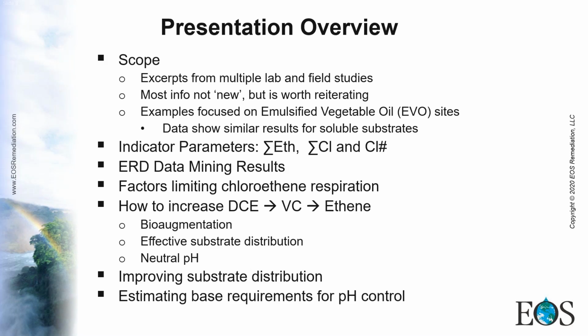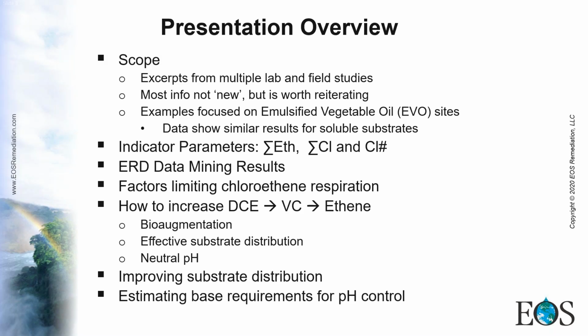Most of the examples I'm going to be talking about are related to emulsified vegetable oil, but we have done some studies and shown that really the results with soluble substrates like lactate and molasses really are not very different, and I'll talk about that. I'm going to talk about 3 indicator parameters, sum of ethenes, sum of organic chlorine and chlorine number, that I personally find very informative and useful to look at.